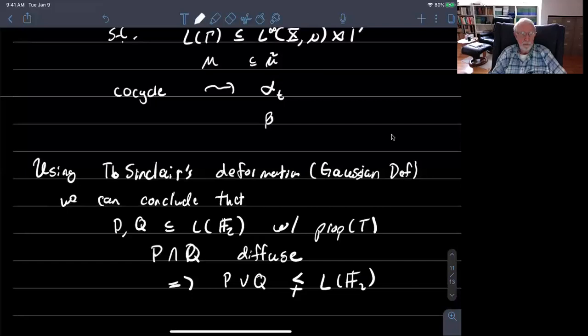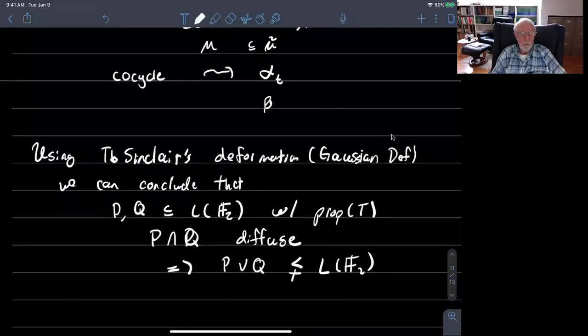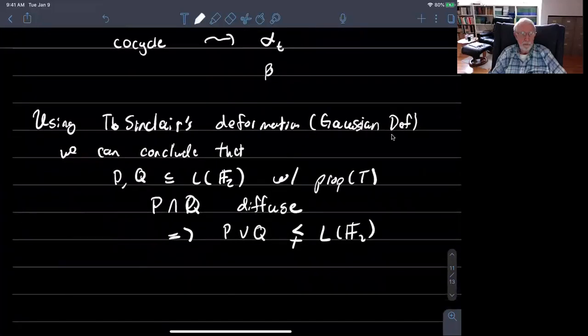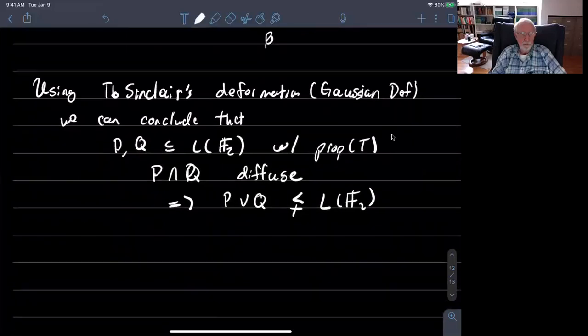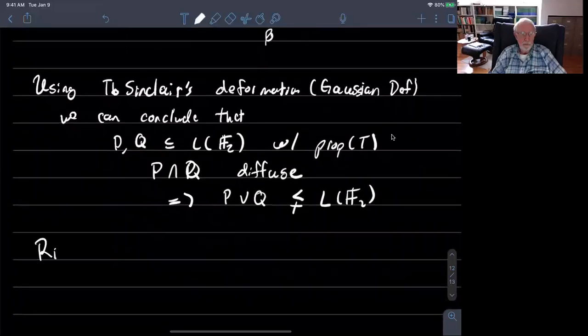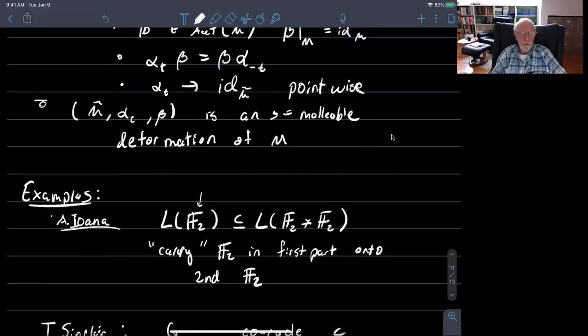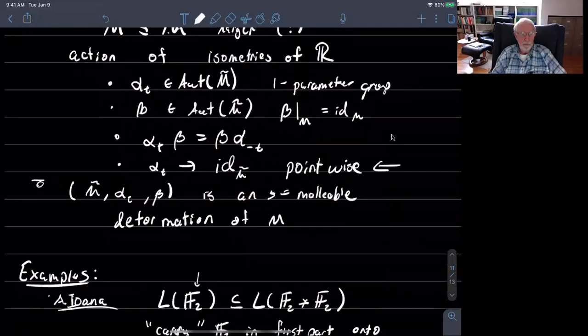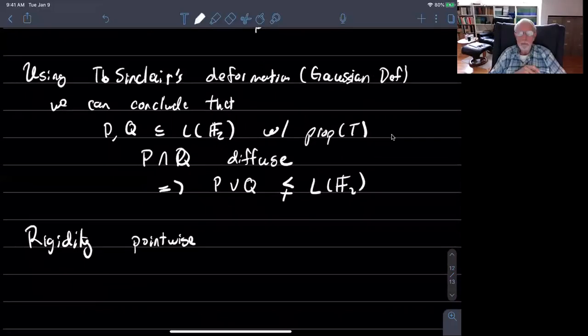There's, in fact, a lot more that we can say. I didn't go through the rigidity aspects of deformation rigidity. Just know that rigidity takes this pointwise convergence that I described here and upgrades that to uniform convergence.